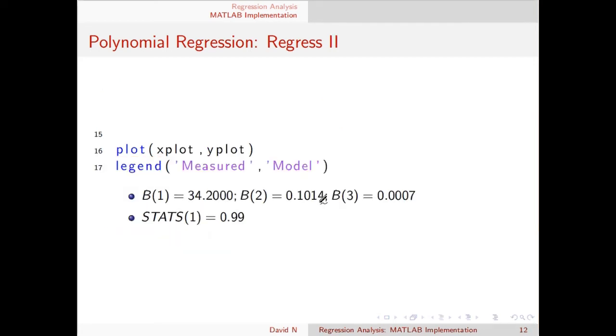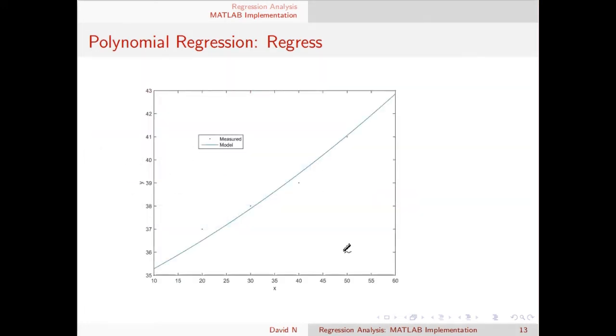Now upon plotting xplot and yplot and assigning the legend values, we find b1 to be equal to 34.2, b2 to be equal to 0.1 and b3 to be equal to 0.007, and stats being equal to 0.99. Upon plotting, we find the model findings closely agreeing with the measured values as shown by these circle points.